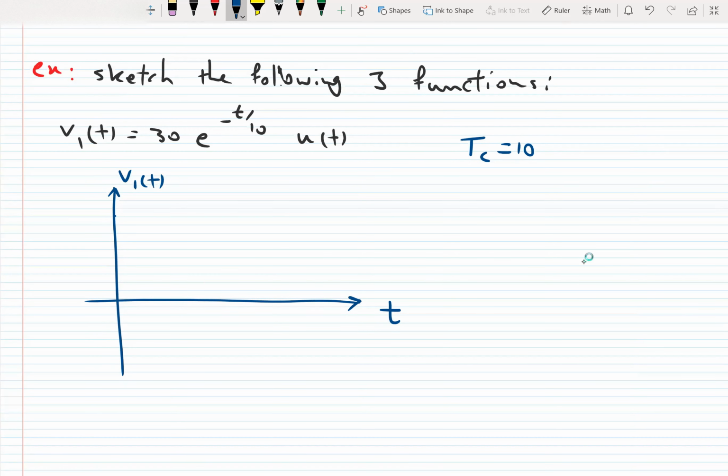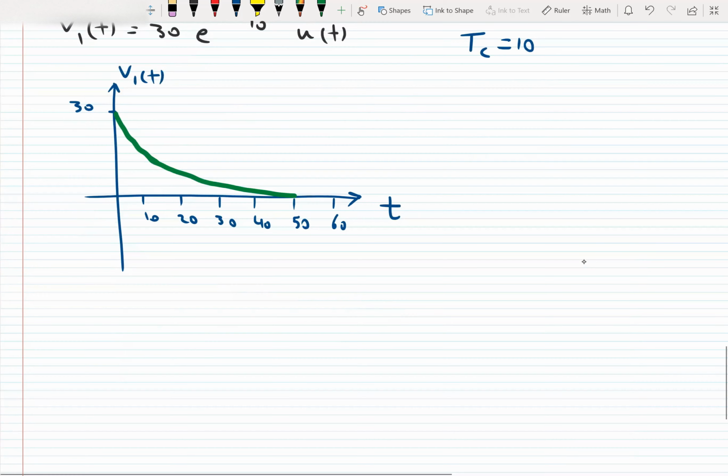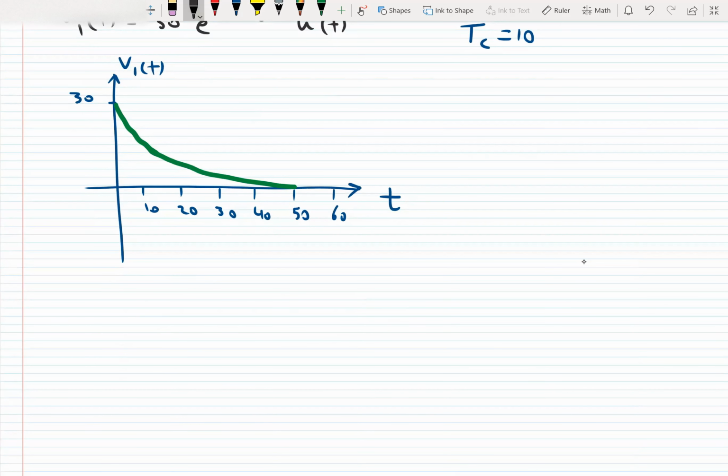We start from 30, and the time is 10, 20, 30, 40, 50, 60, and we know that after 50 seconds, we reach 0. So this one is the v1 function. What about the second function?